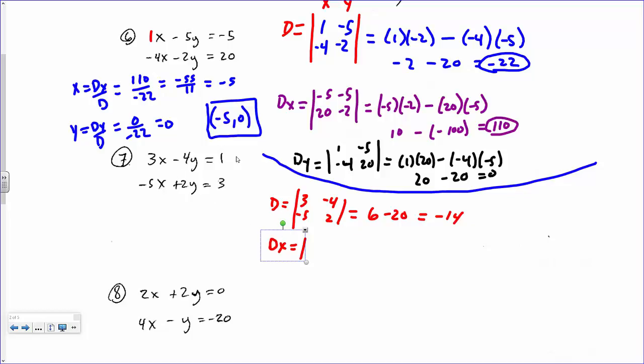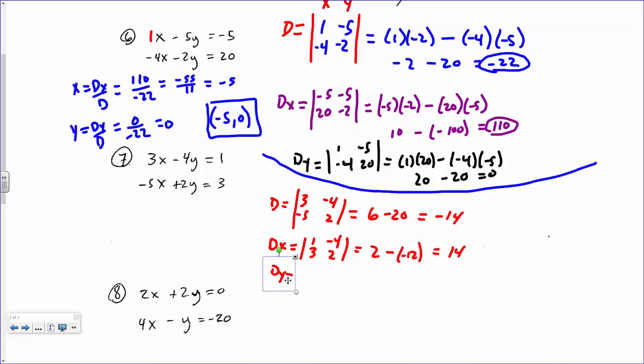We'll replace the x column with these numbers here, 1 and 3. I got -4 and 2. This is 1 times 2, which is 2, minus 3 times -4, which is -12. So it's basically 14, because 2 minus -12 is 2 plus 12, so 14.